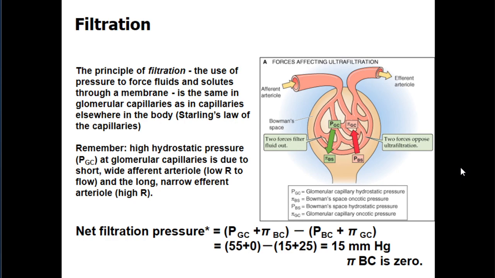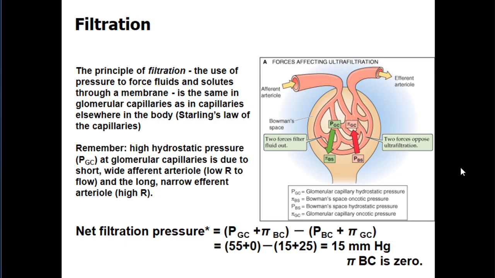So, filtration. The principle of filtration uses pressure as the force which will cause movement of fluid and solutes through the membrane. And it's exactly the same in glomerular capillaries as in other capillaries elsewhere in the body. We have discussed these already in the cardiovascular system in the microcirculatory bed.